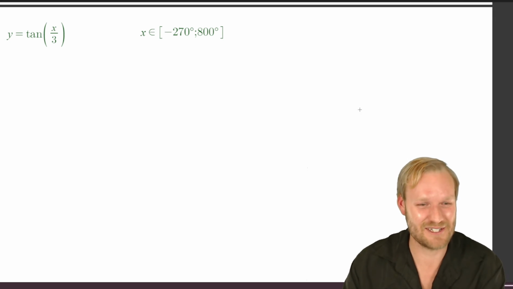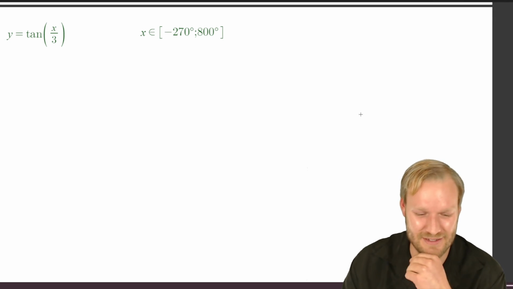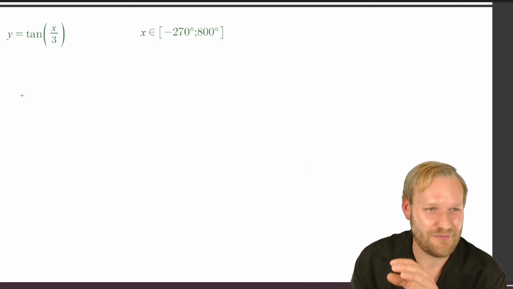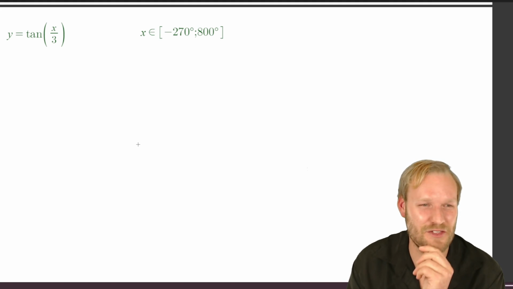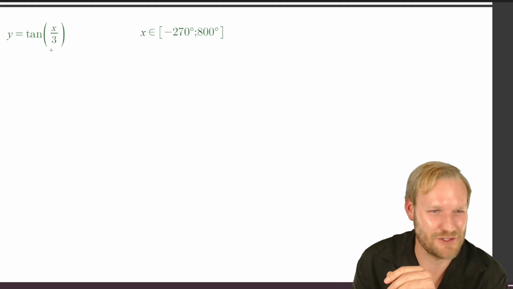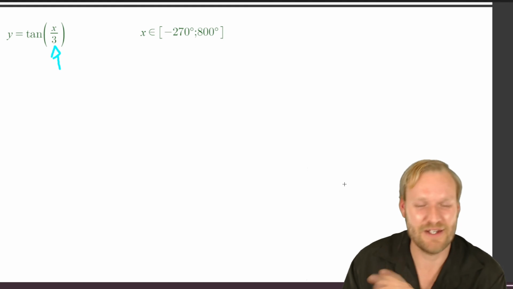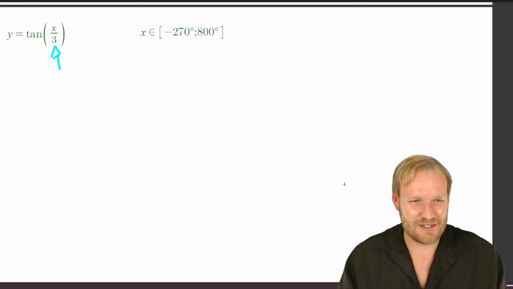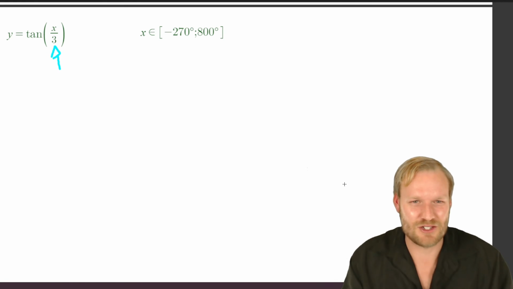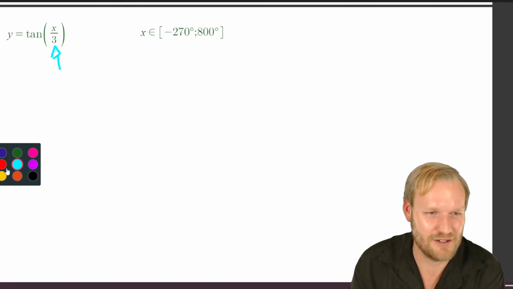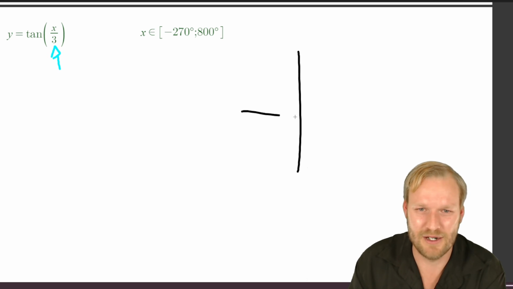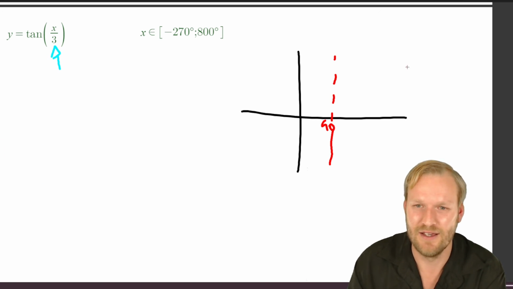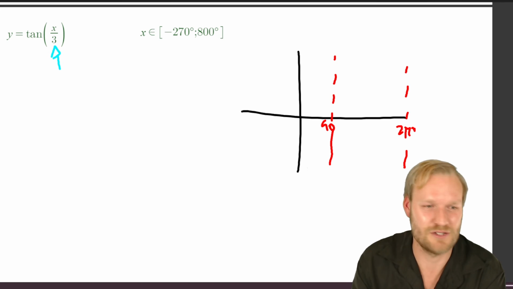Okay, so we've got another one to draw here, then we'll find some equations. So y equals tan x over 3. You know what the first question is going to be. What is the effect of that dividing by 3? Well, it means that everything's going to happen 3 times as slowly. So instead of our tan graph, you remember our tan graph had an asymptote at 90 and an asymptote at 270.